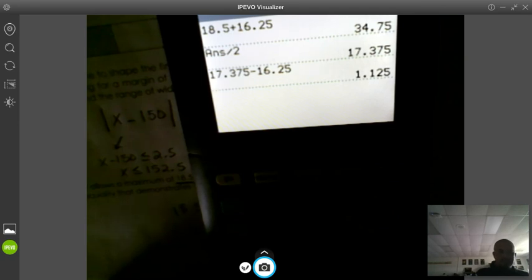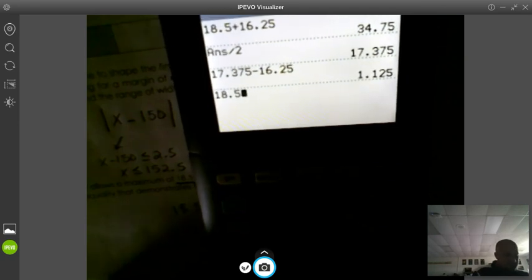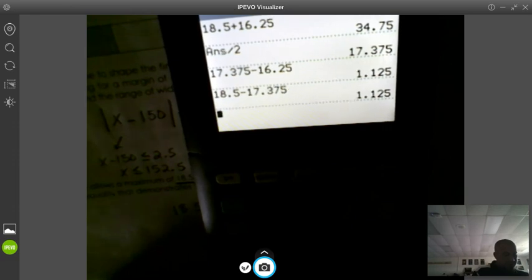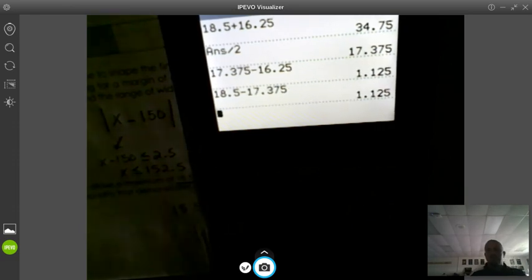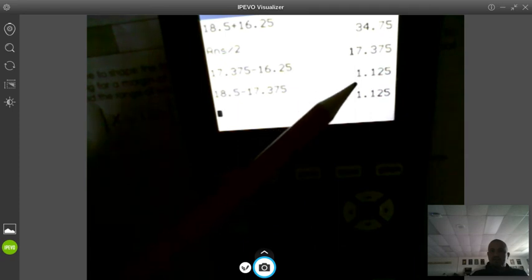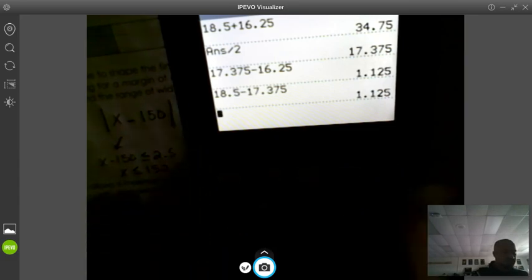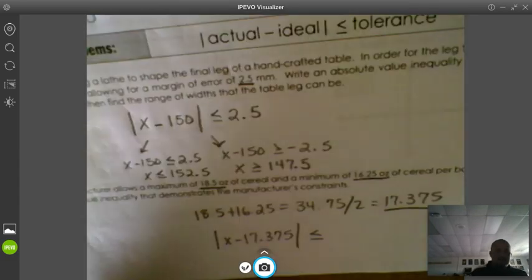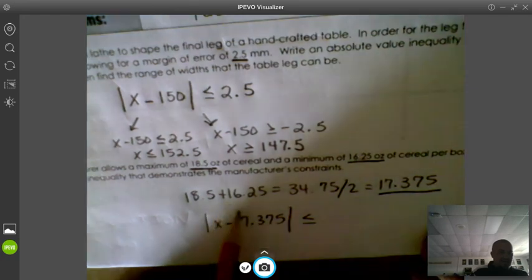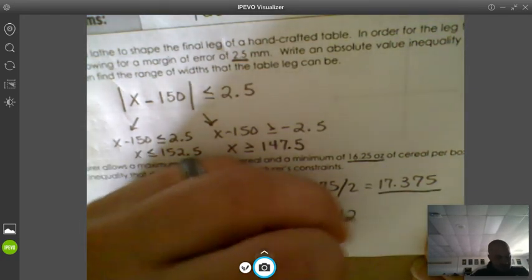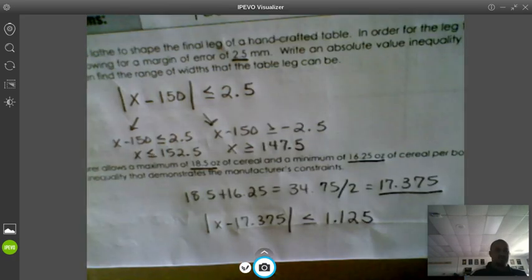That's how far off it is that way. And if we did 18.5 minus 17.375, it's how much it would be off in the other direction. So our tolerance is 1.125. So x minus 17.375 is less than or equal to 1.125.